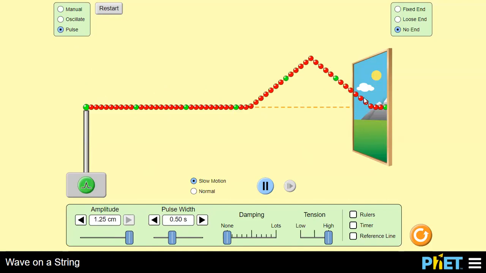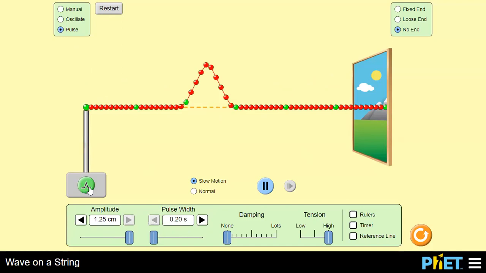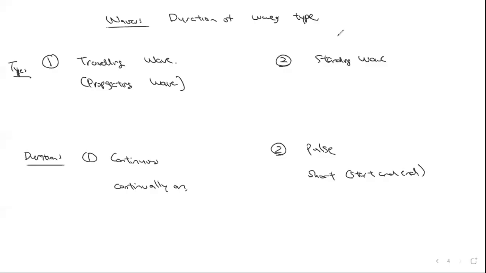There's a start, I get a wave, and then it stops. Or we can make it even more pronounced, something like this. Good. So those are the basics of your waves. Now we need to start looking at different parts of a wave and properties of waves.